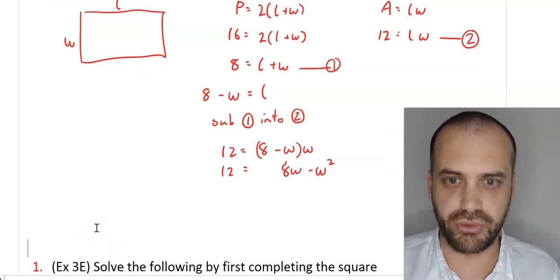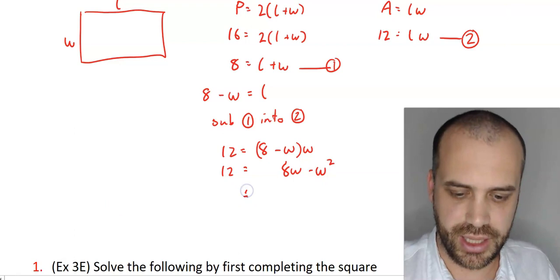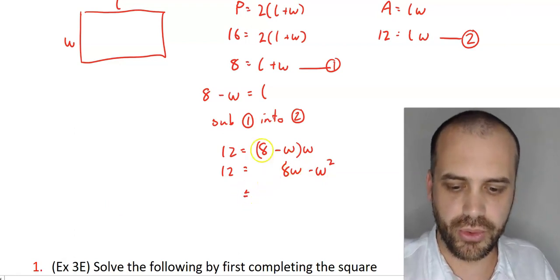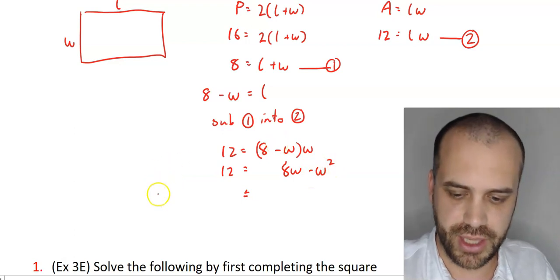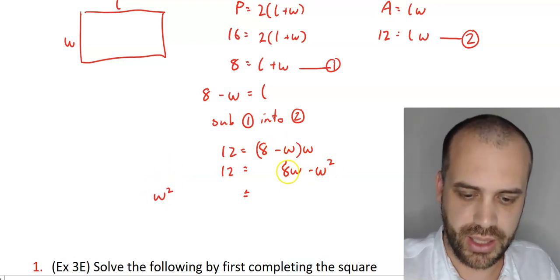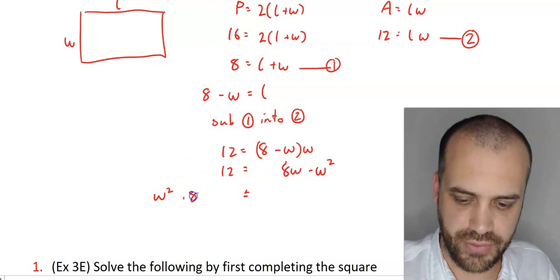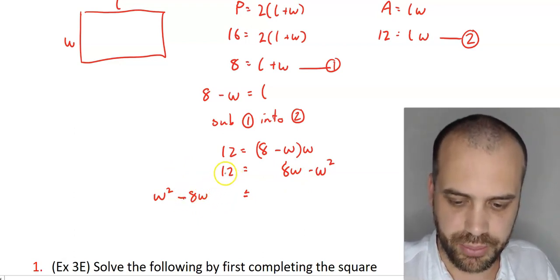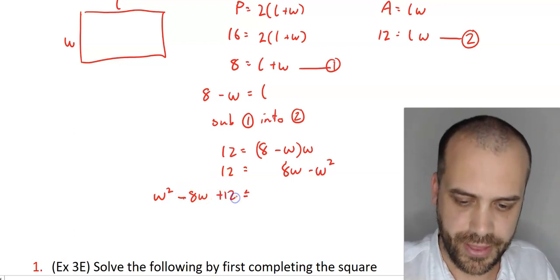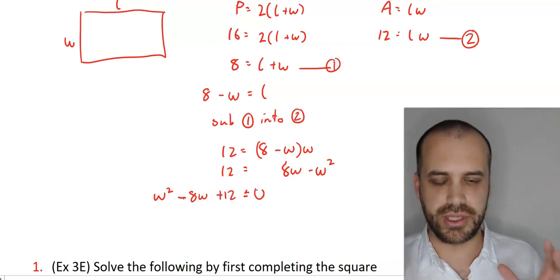It's just a quadratic. So I can put it all on this side here. That negative w squared comes over here as w squared. That 8w comes over here as negative 8w. And we have this positive 12 there. And that's going to be equal to 0.